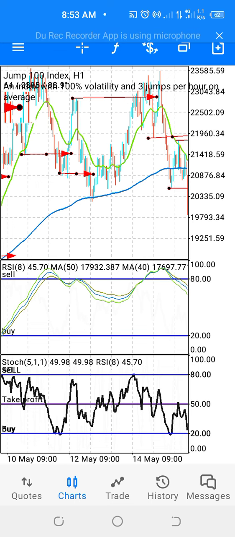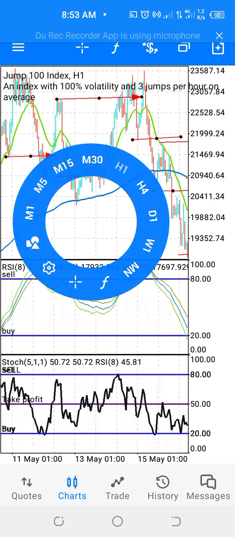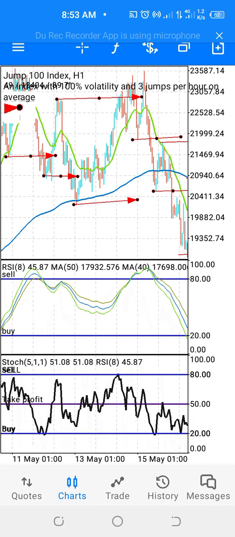You see the broken structure there, and again expecting the highs, but it failed. And then we came here, and you can see that the structure became broken.